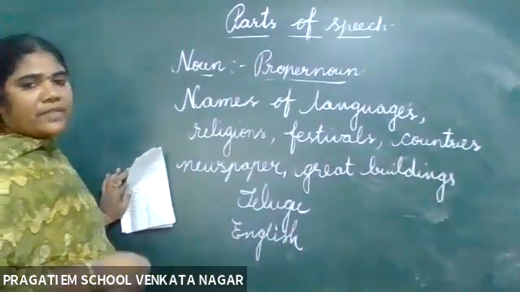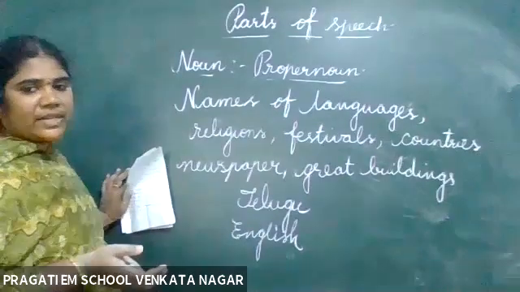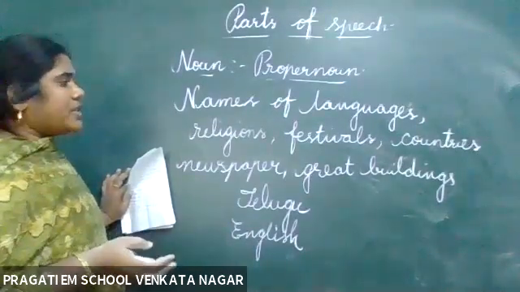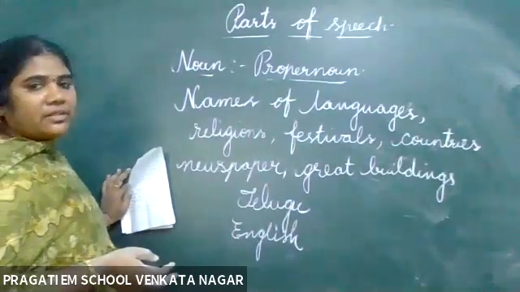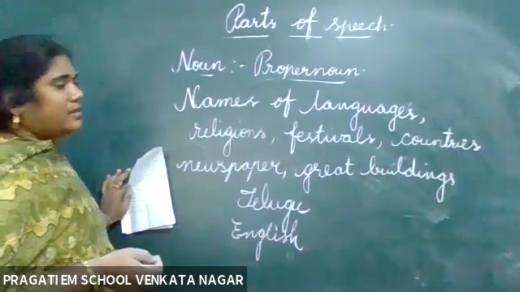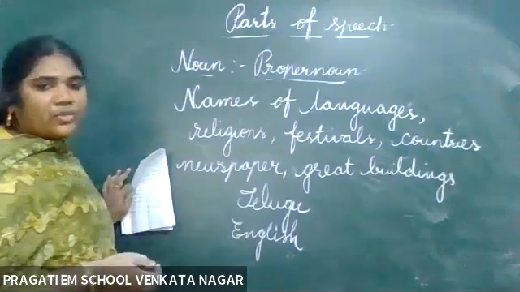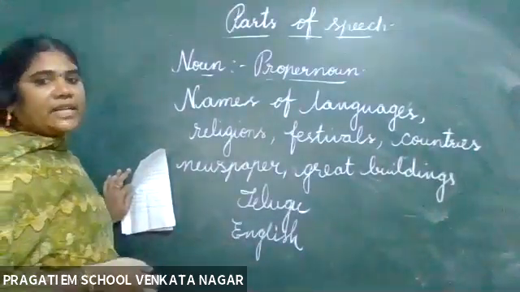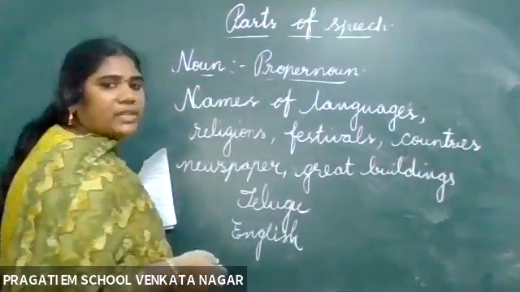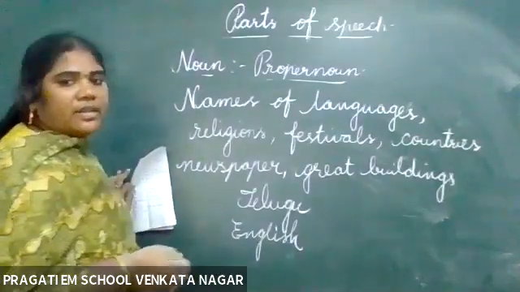Festivals. What are the festivals? We have religious festivals. So many religious festivals are there. Diwali, Ganesh Chaturthi. All these should start with capital letters. Countries. What is our country name? India.